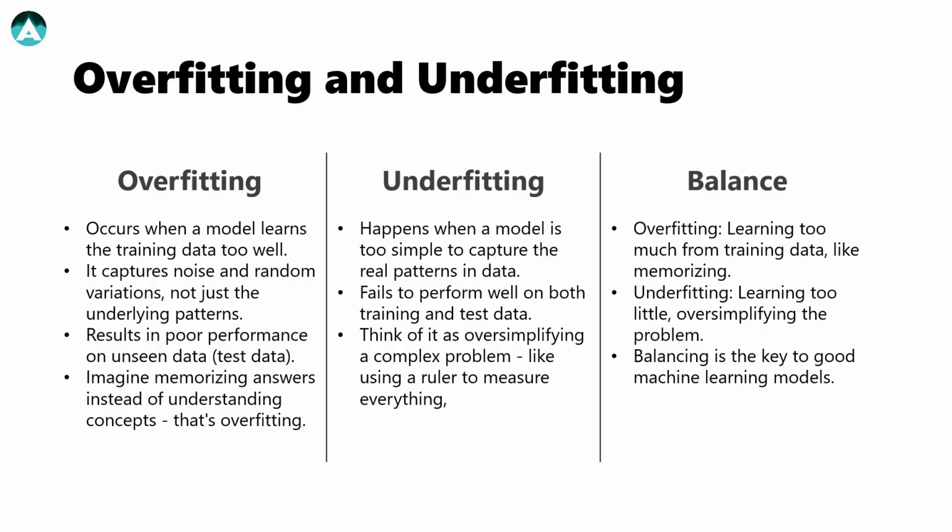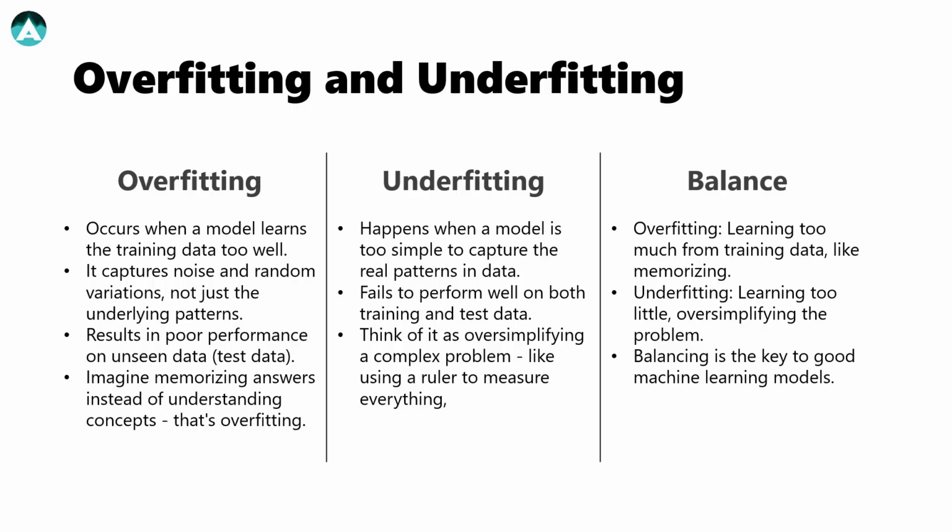So there are some terms such as overfitting and underfitting in machine learning. Overfitting occurs when a model learns the training data too well. That means it captures all of the noise and the random variations, but that is not always good, because it includes that in the overall pattern that it's using to predict.